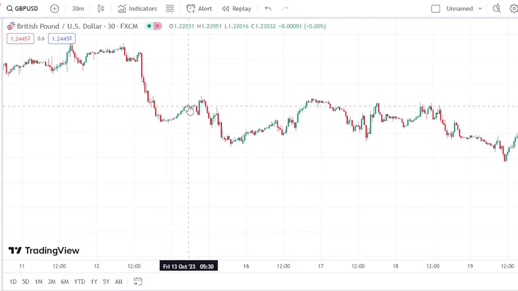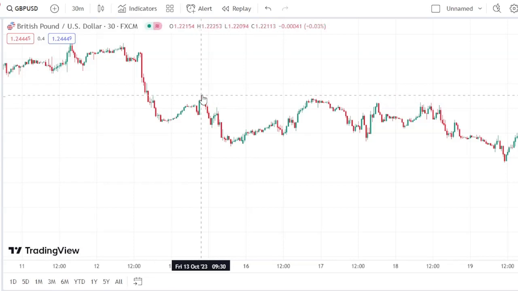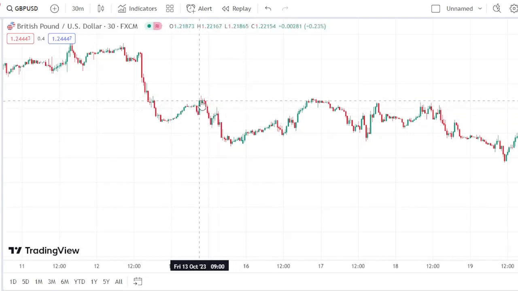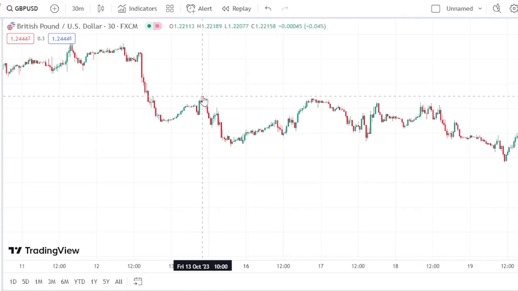Obviously there would be some buys because at some point supply would deplete and buyers would enter into the market. But because the CPI far outweighs all the other major news releases at that time, there'd still be some selling.